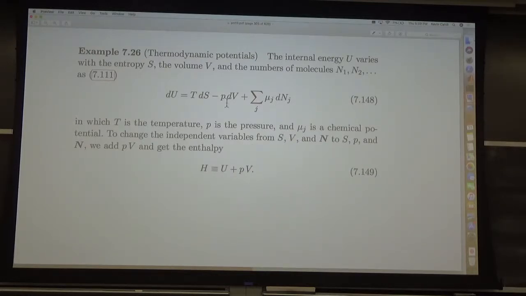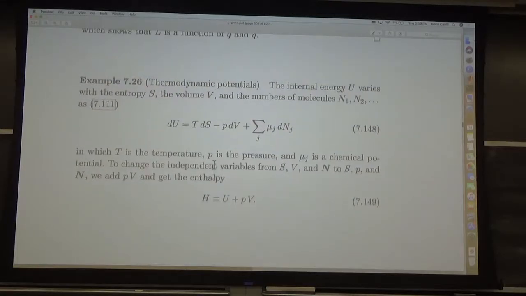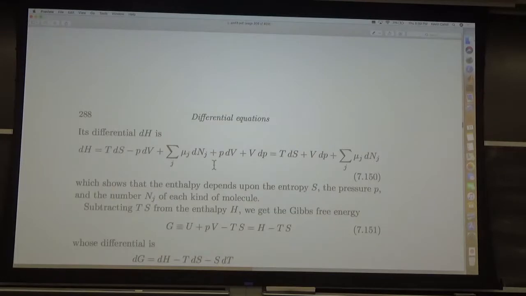U is a function of S, V, and the N's. If you change from those to S, P, and N, you can do that by adding PV to the internal energy. Then you get something called the enthalpy. And if you form its differential, you see that it's properly a function of entropy, pressure, and the numbers of particles.